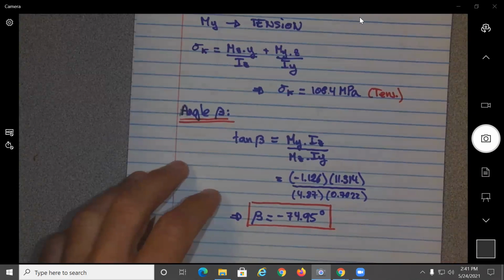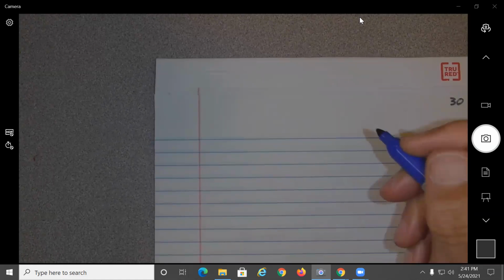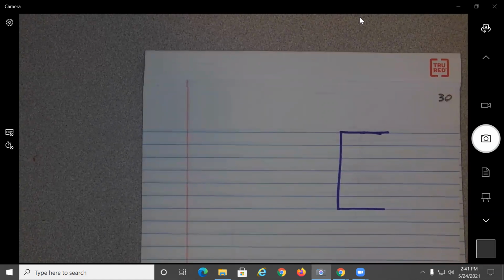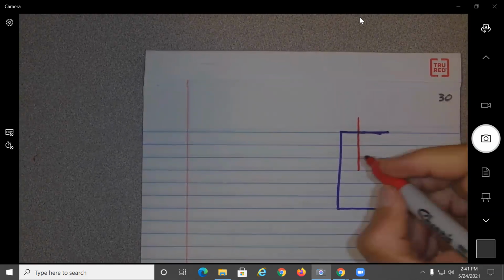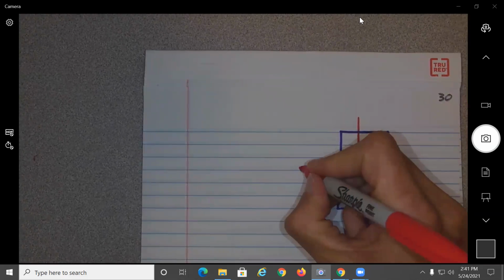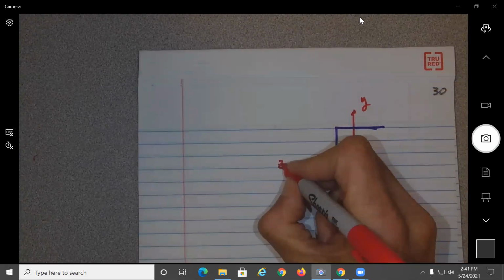So what does that mean about the neutral axis? If we have our cross section like this, we knew this was the CG here.